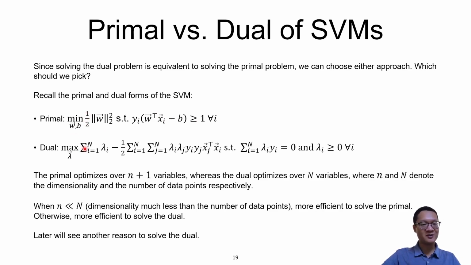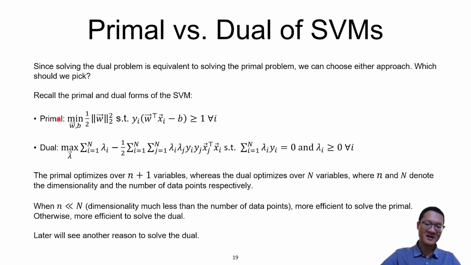The dual problem is optimizing over big N variables, because the number of lambda variables is equal to capital N. Primal problem is optimizing over, roughly speaking, little n variables.